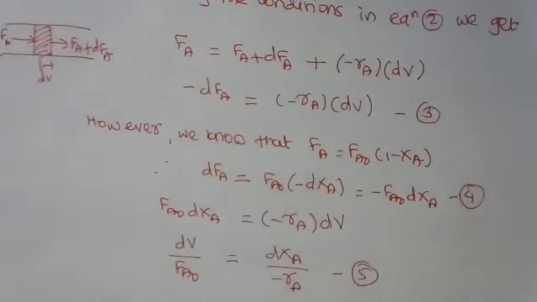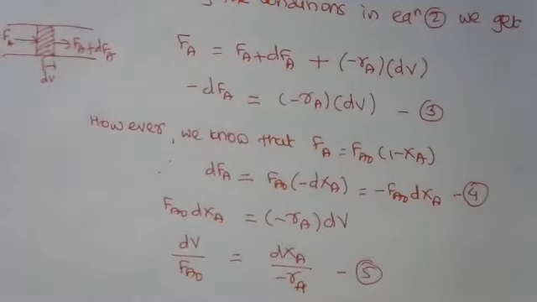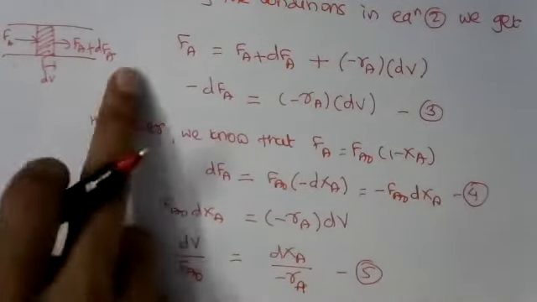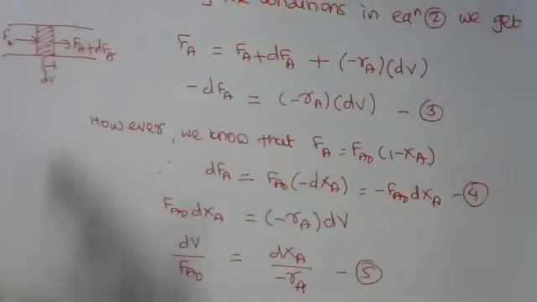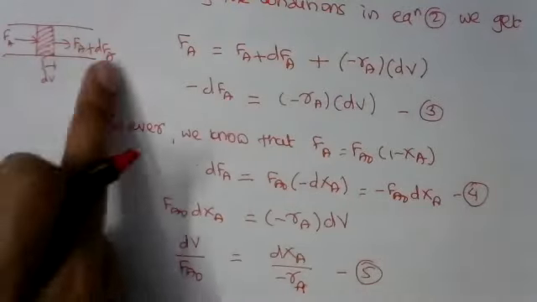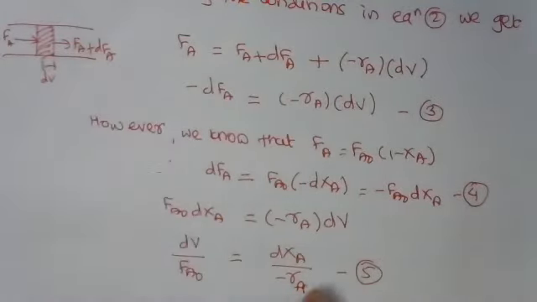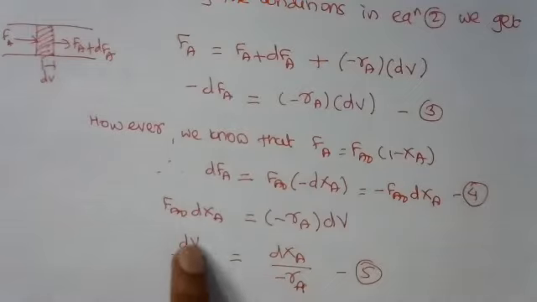Now what is the next step? At the moment we have considered only dV, but in order to get the performance or the entire volume of the reactor, I need to integrate equation 5. Now in integration, two things are required. Number one, kinetics or rate expression, and number two, the volume.